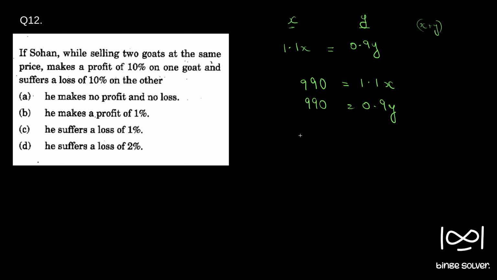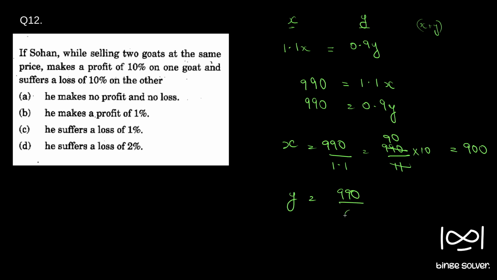So now we can easily find x. x is nothing but 990 by 1.1, or this can be written as 990 by 11 into 10, right? So this becomes 90. So we get x as 900. Similarly, y, if you find out, 990 by 0.9 equals 990 by 9 into 10, so 11, we have 1100 as our y.